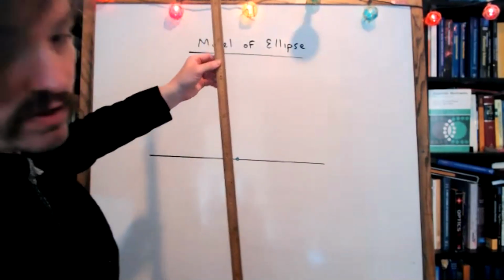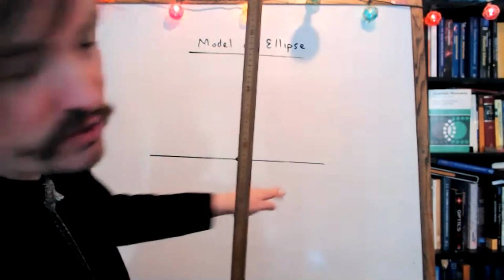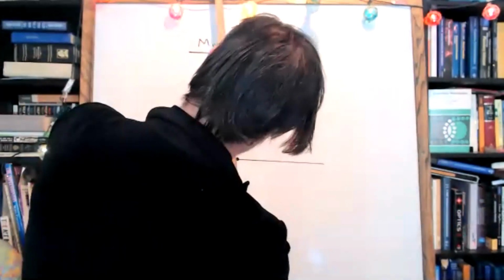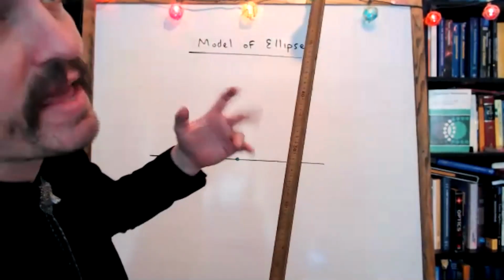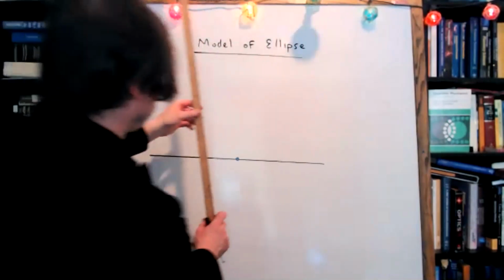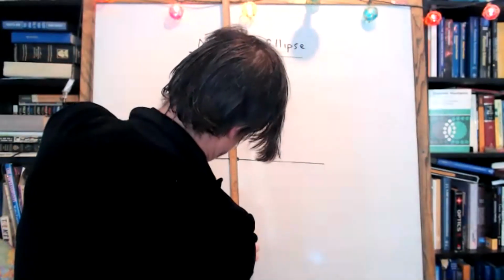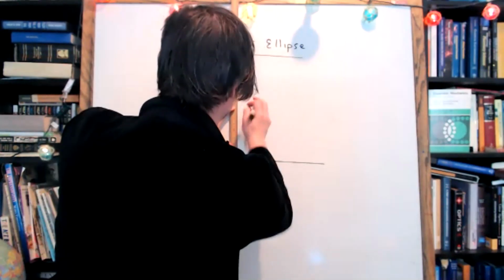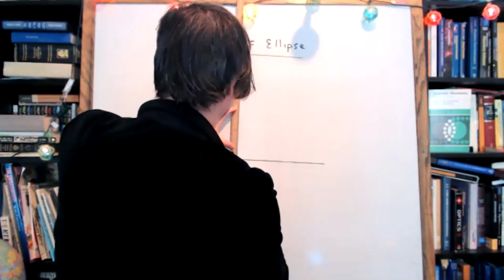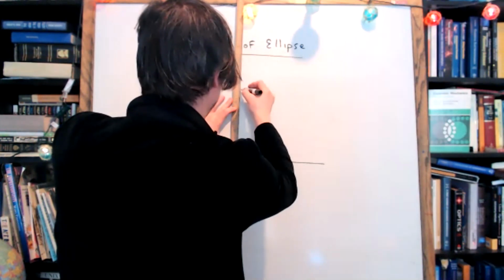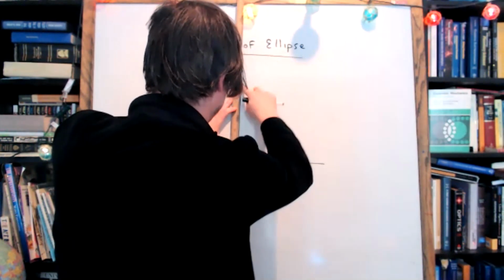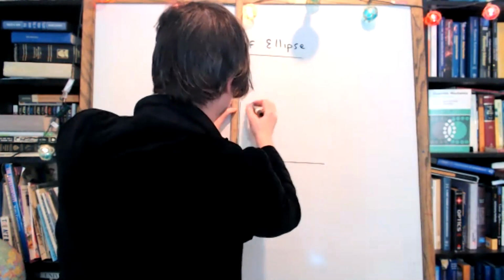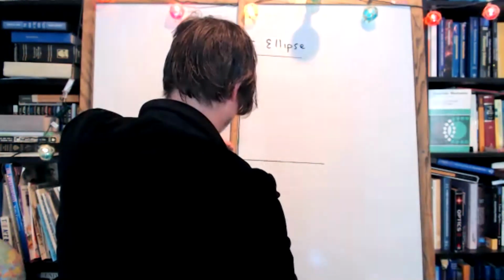Now we're going to make a vertical cross, but I want it to be much shorter than 12 centimeters. So maybe make it 8 centimeters or 6 centimeters. How will I do this here? I'm going to exaggerate mine so that we really see the ellipsiness of it, okay?